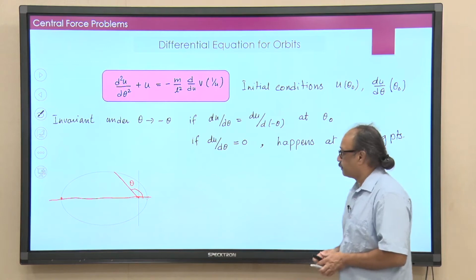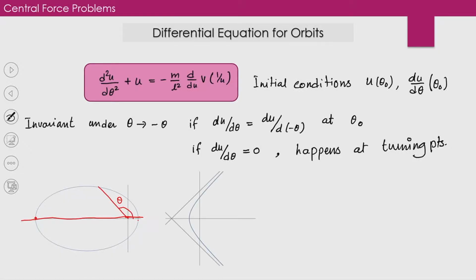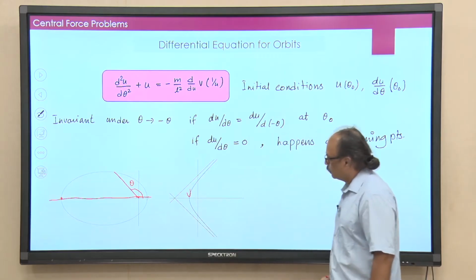Here is one more example. This example can again be thought of as a hyperbolic orbit. This is what you would get in the inverse square law. And where is the turning point? Here, this is the origin, and this one here is the turning point. Okay.